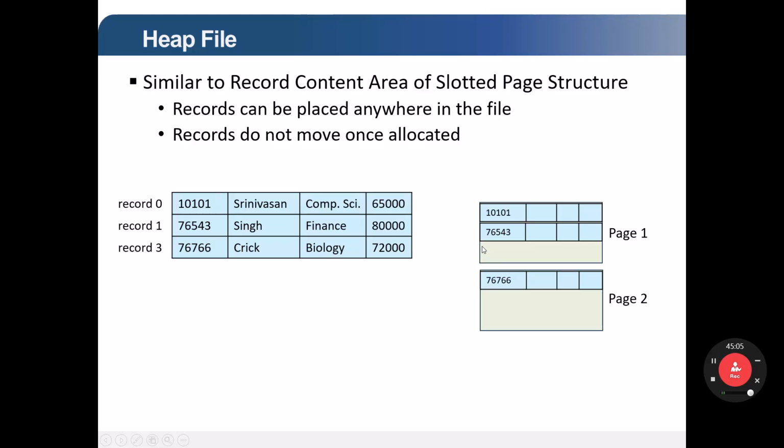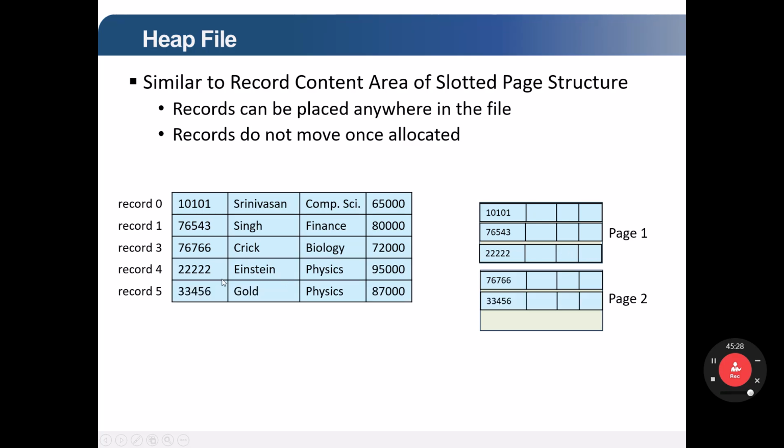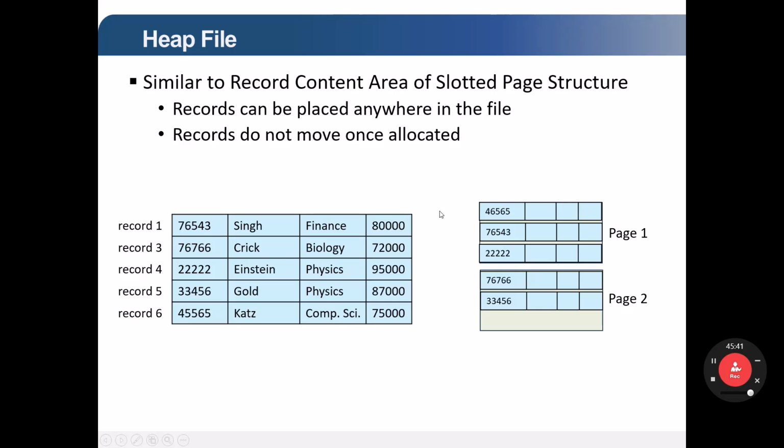Then we will update the slotted page structure to remove it from the corresponding page. We do not move around. We do not shift the last record. And later, when another record is stored, we store it in the free space of the first page. And when another record is stored, we place it at the end of the file. And if the first record is deleted, we just remove it from the first page. This is how we manage the heap file format.